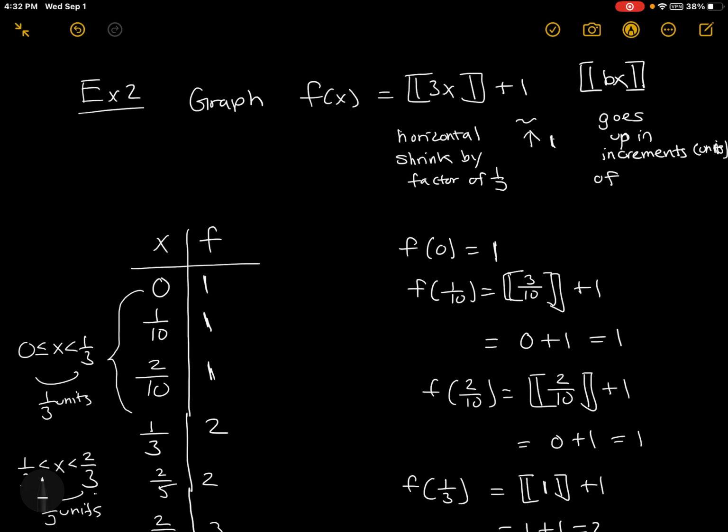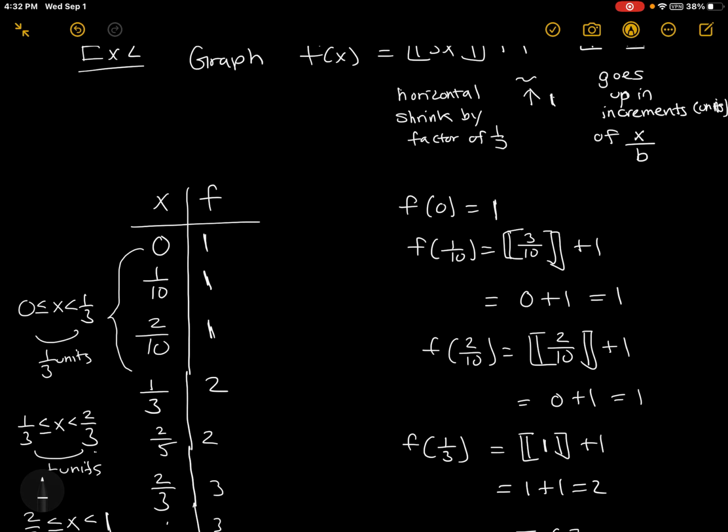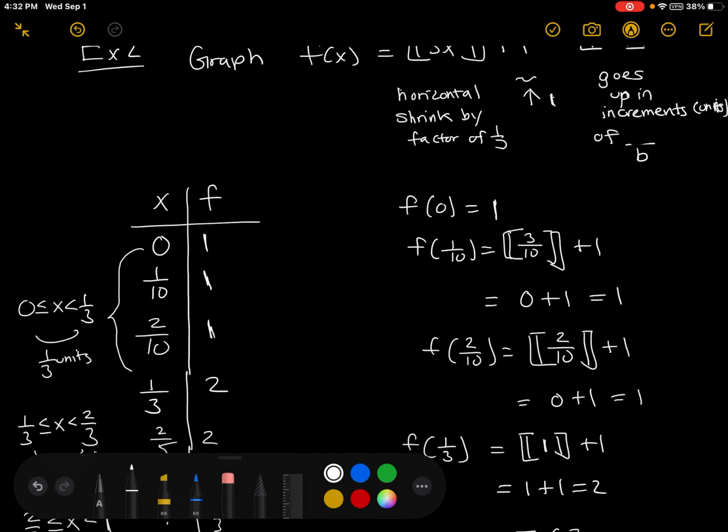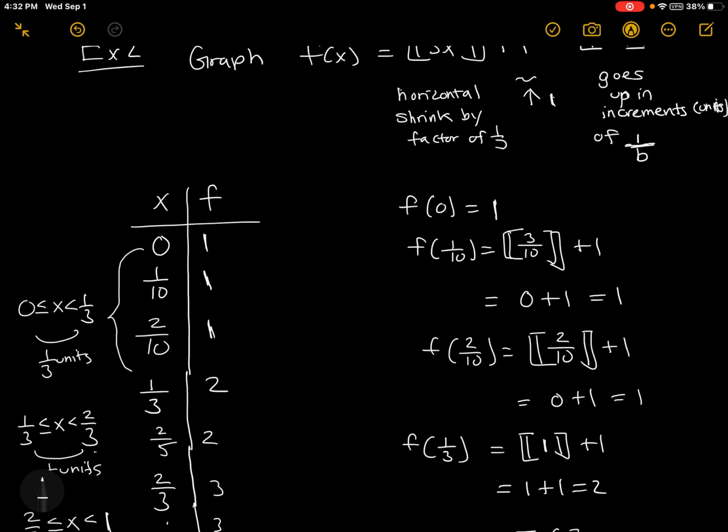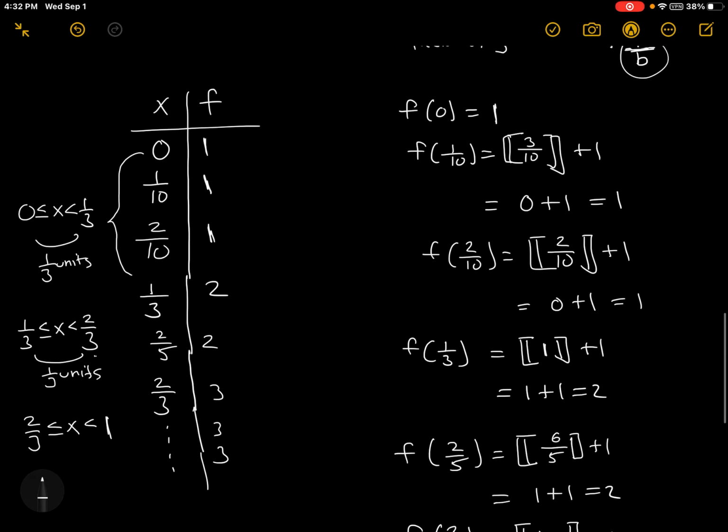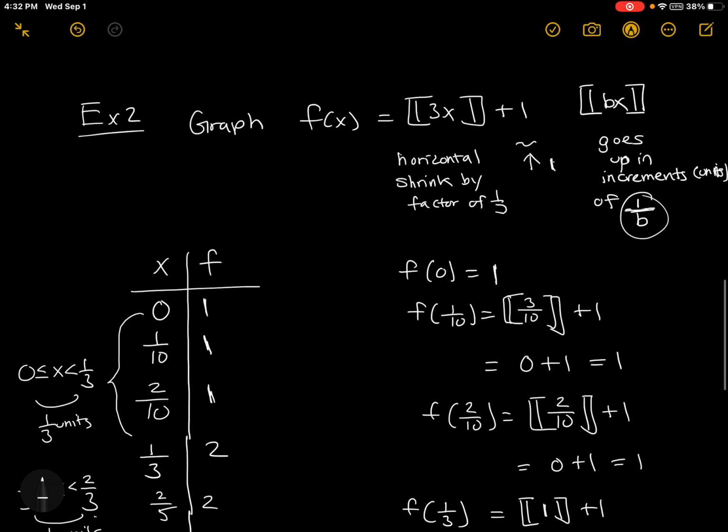So in this case, it goes up in increments of 1/b. That's how you figure out how many units. Because there's a b over here, in this case, my b is 3. So it goes up in increments of 1/3 for my set of x values. So you don't have to keep on plugging in points.